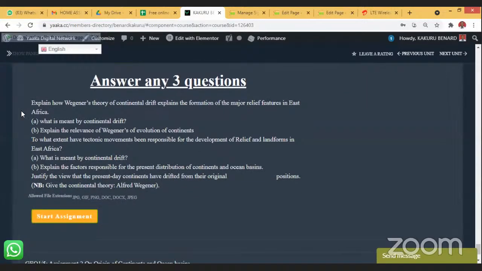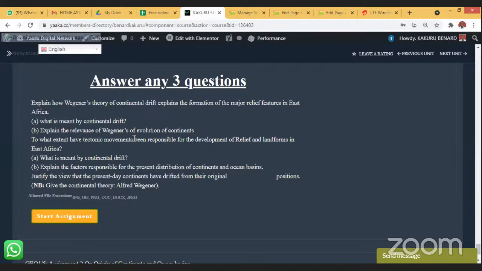Answer any 3 questions. Question 1, explain how Wegener's theory of continental drift explains the formation of major relief landforms in East Africa. Question 2, what is meant by continental drift? Explain the relevance of Wegener's theory in evolution of continents.